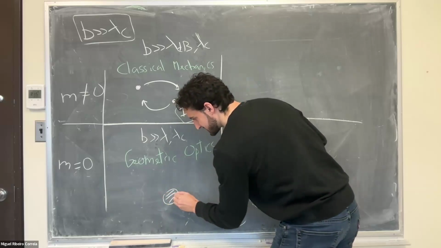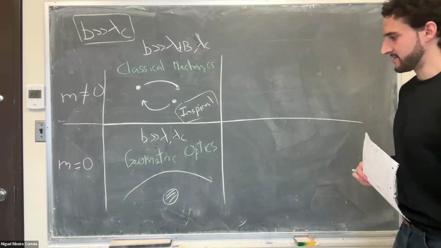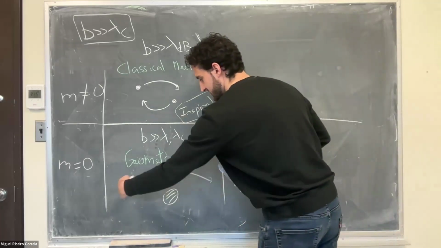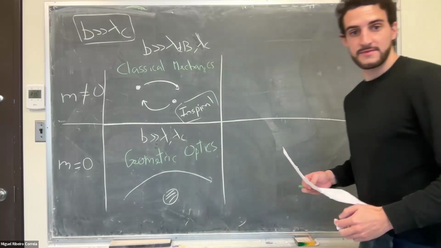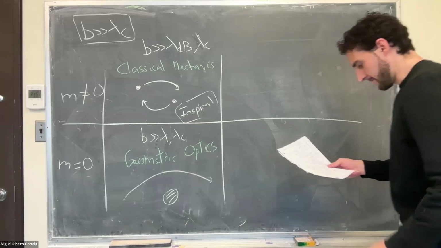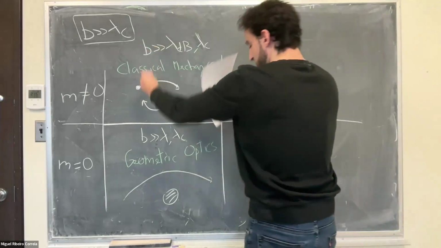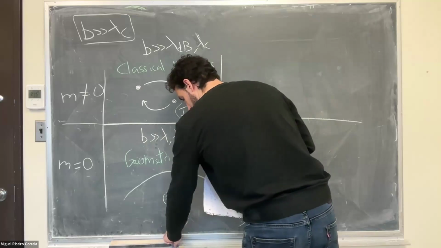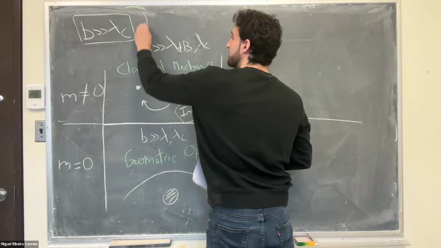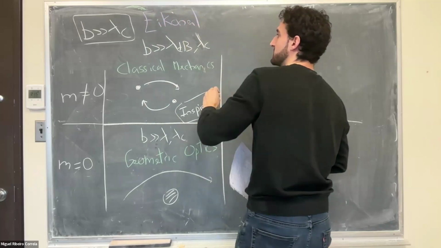So I have one object, which is massive, and then I have a null geodesic that gets deflected. This is all purely classical. Now, this area here is what people call the eikonal regime. Another name for this is eikonal regime.